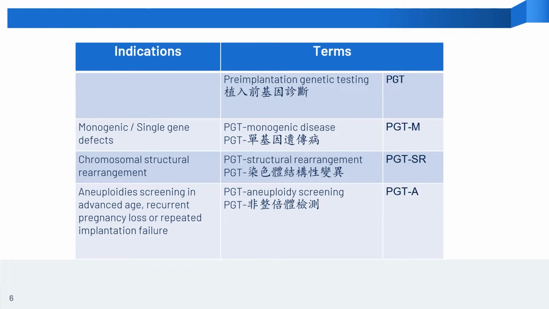These are the subclassifications of PGT, which includes the PGT-M for monogenic or single gene defects, PGT-SR for structural rearrangements such as translocations, inversions, PGT-A, aneuploidy screening in advanced age, recurrent pregnancy loss, or repeated implantation failure.